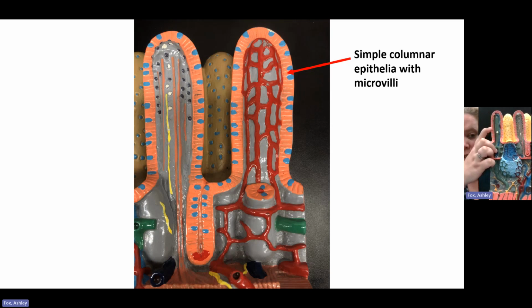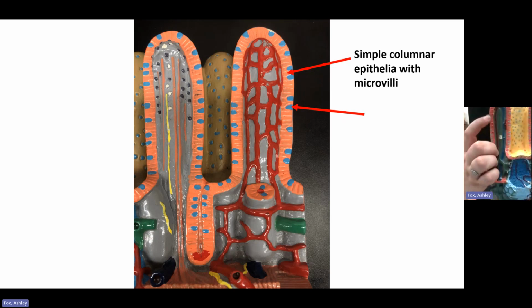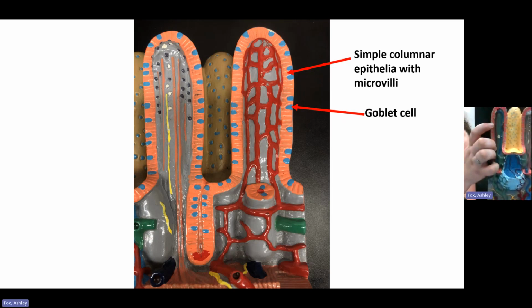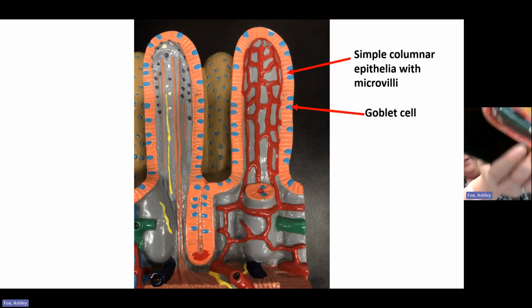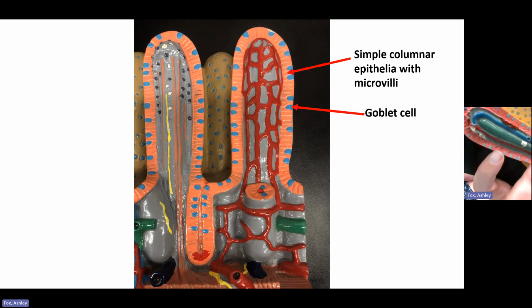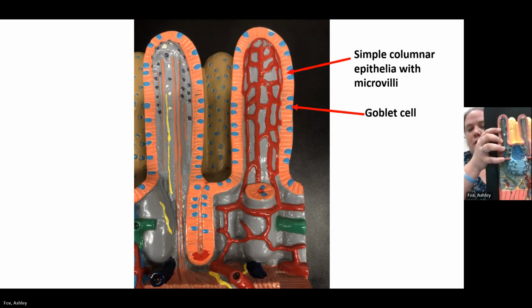That's the majority of the cells that you see. Then the ones with the blue dots are goblet cells, making mucus. That's what goblet cells do.